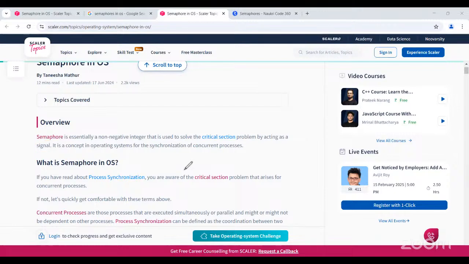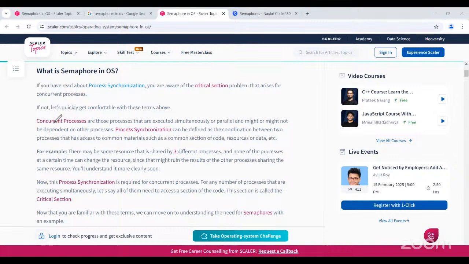Now see here, for example, there are some resources. Take one resource, just like a printer.